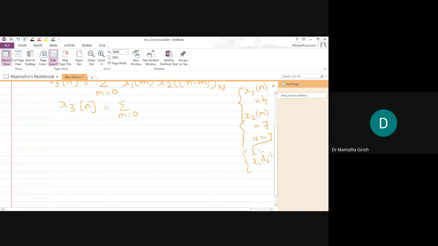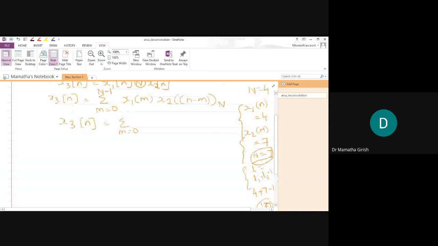So the length of sequence 1 is 4, the length of sequence 2 is 7. 7 plus 4 is 11, minus 1 equals 10. So in case of linear convolution, the length is 10, whereas in case of circular convolution, the value of length n is 7. I'm going to choose the maximum length.